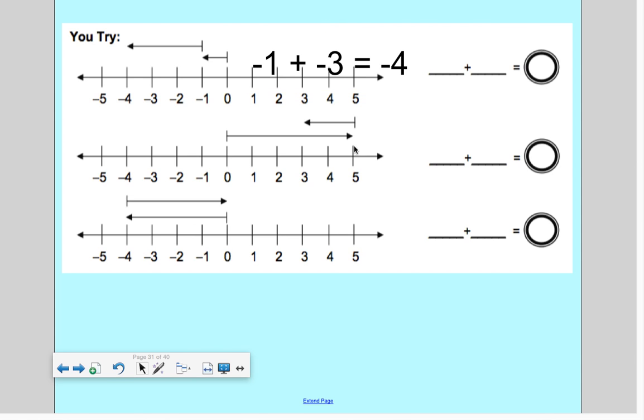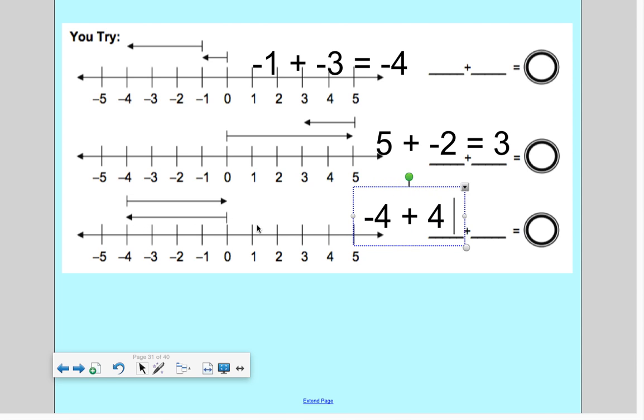Start at 0, it goes 5 units to the right. It goes back 2 units, so it stops at 3. 5 plus -2 equals 3. And last but not least, it goes back 4 units, and then it goes forward 4 units, and then 0. Oh, 0 pair, they all cancel out.